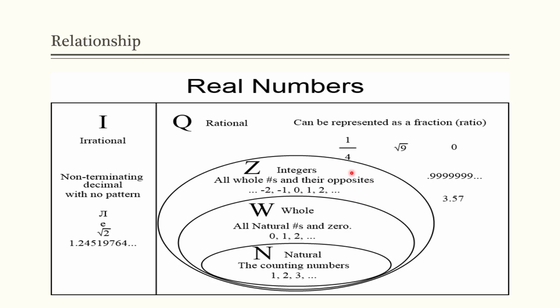Among all integers, if we take only the non-negative numbers, including 0, that means 0, 1, 2, this is called the set of whole numbers. If we exclude 0, we get the set of natural numbers: 1, 2, 3. These are not only used for counting, but are generally derived from natural human counting.